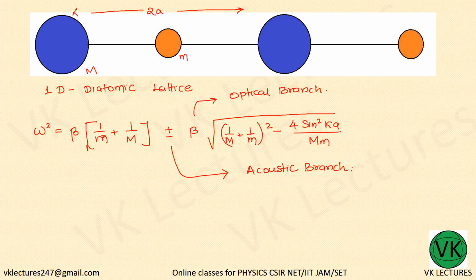The optical branch means it is oscillating with higher frequency, and the acoustic branch means it is oscillating with lower frequency.